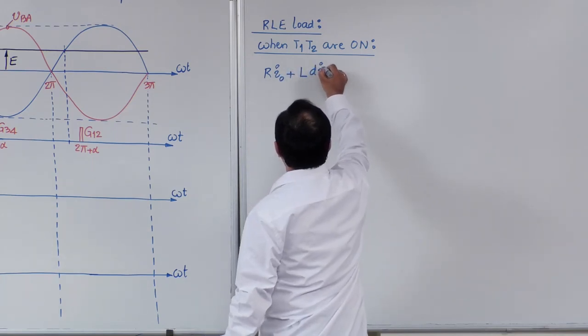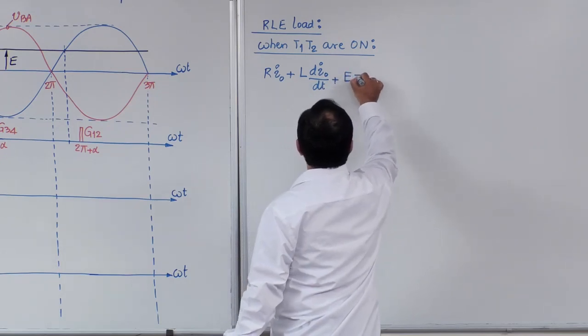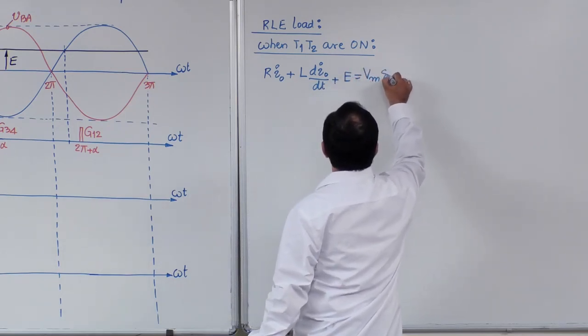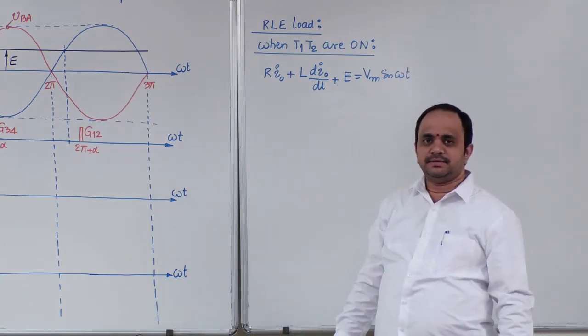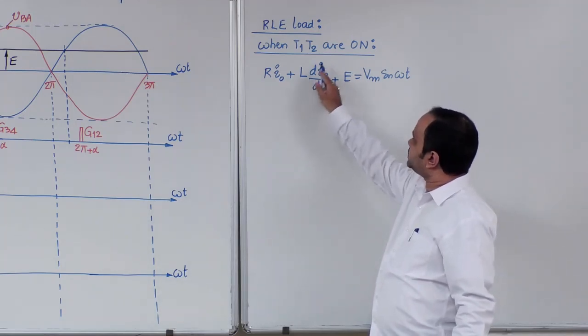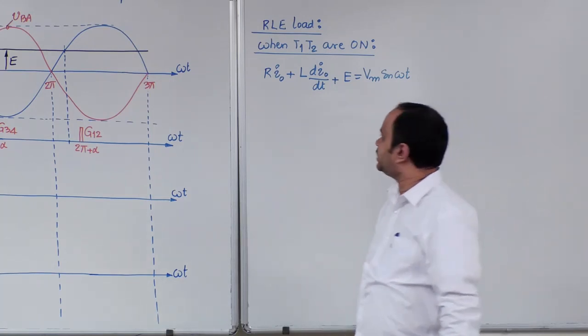R into I naught plus L into dI naught by dt plus E is equal to Vm sin omega t.